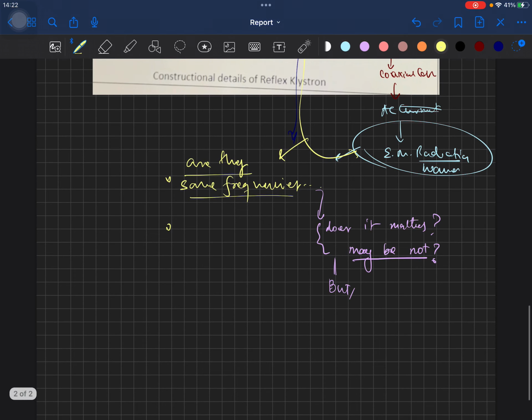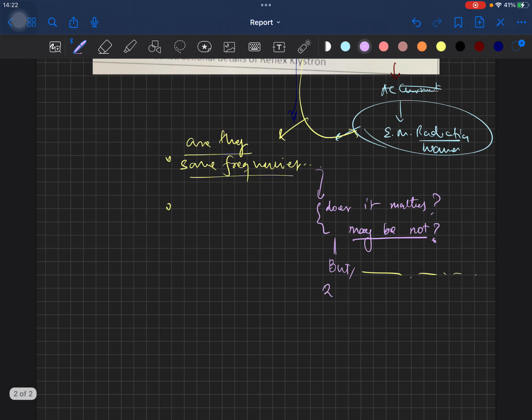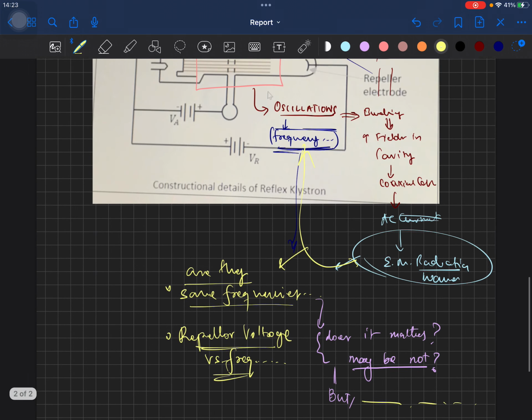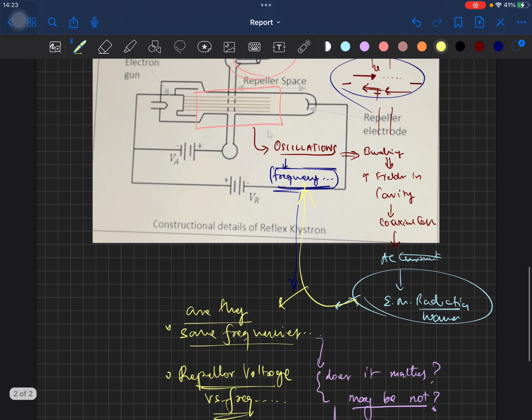But yeah, it relates the frequencies you are playing around with here, and repeller voltage versus frequency. Okay, that is the first thing.